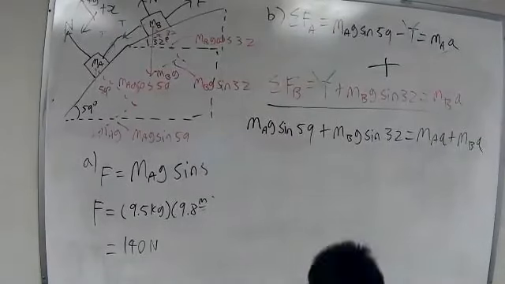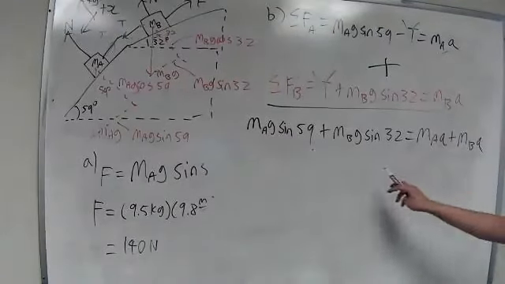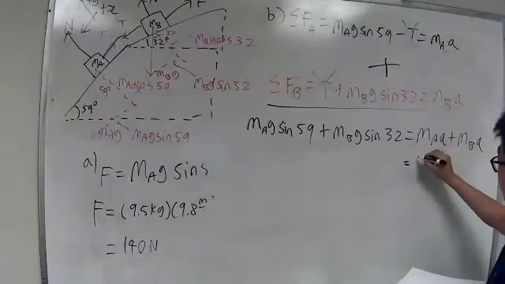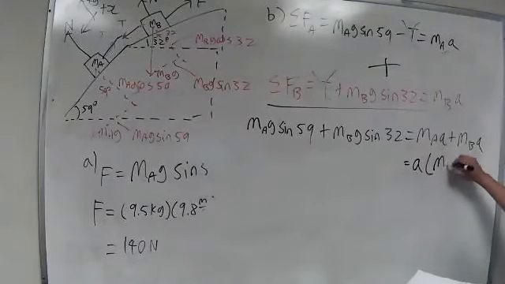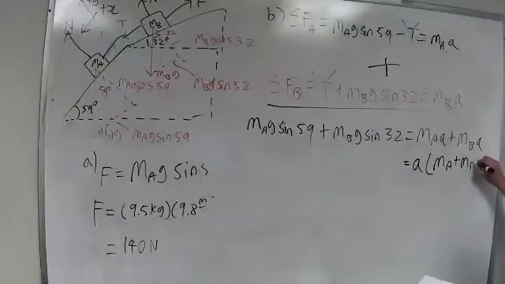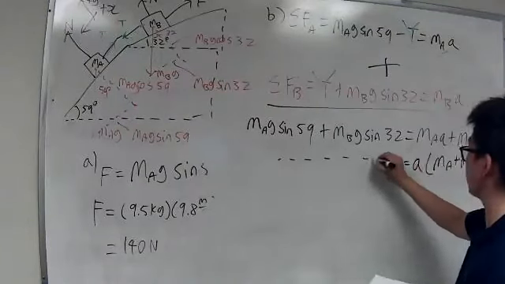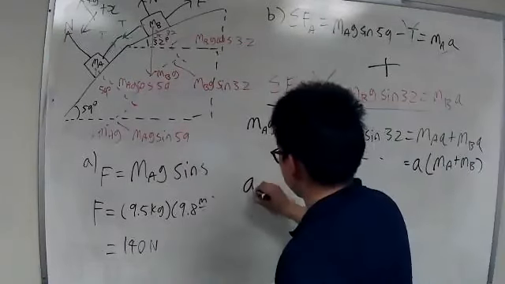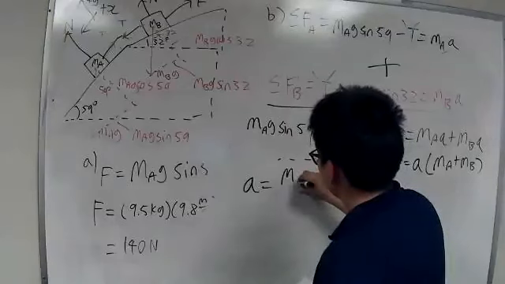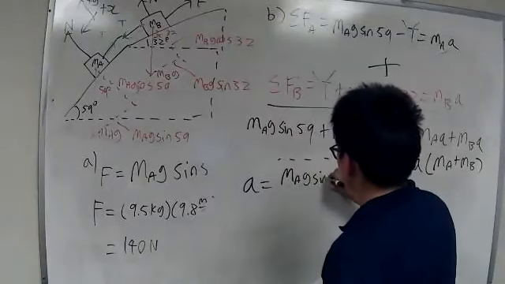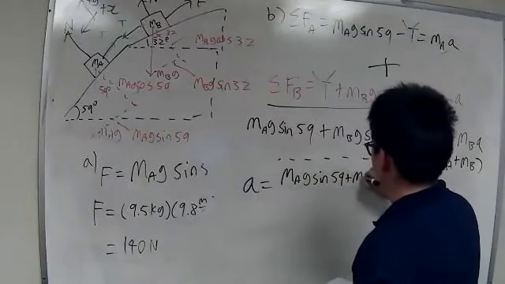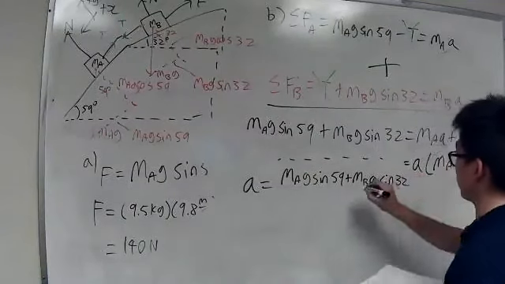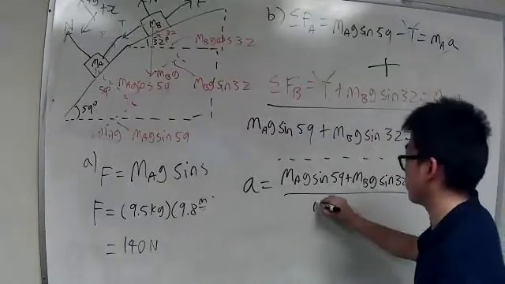So I can solve for A here. All this stuff is known, and I just need to isolate A. So I can factor out the A, and then I can divide everything. So A equals m_A g sine 59 plus m_B g sine 32, all over the masses.